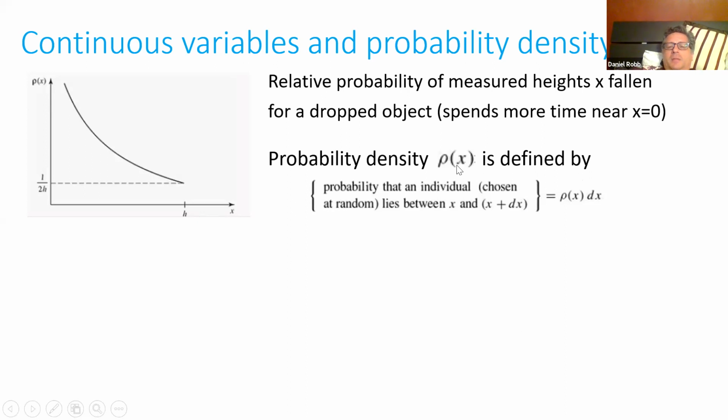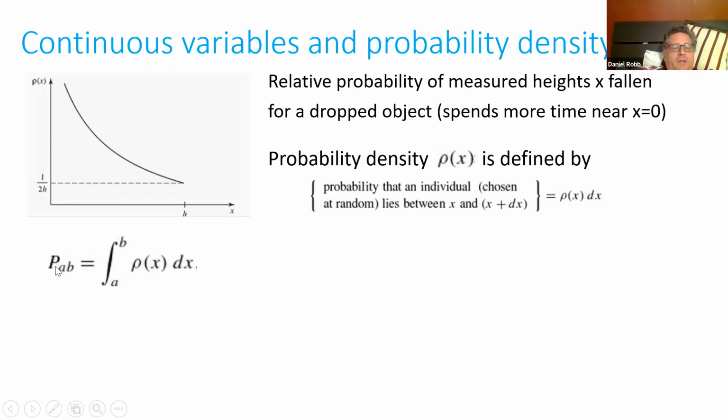So it's the probability per unit interval of the measured variable. That's why it's called the probability density, because it's the probability per unit of the measured variable, not a strict probability, but a probability per unit of the measured variable.